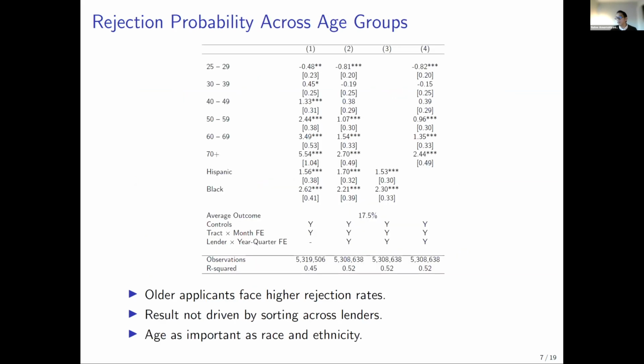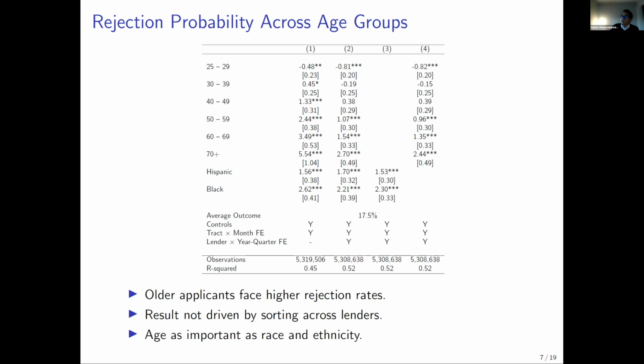Okay, so this is the main result for the rejection probability part of the paper. I want you to focus on column 1. The notable pattern here is that conditional on observables, you see an increasing relationship between age and rejection probability.